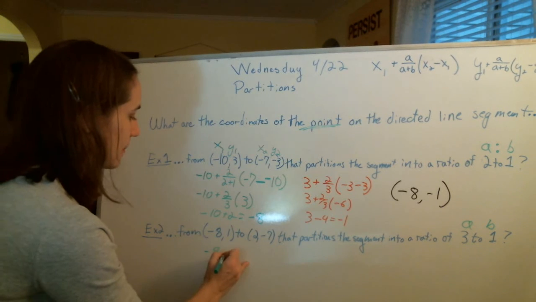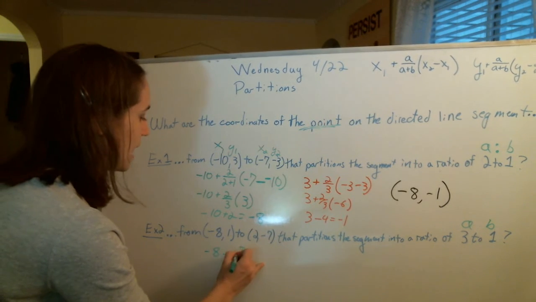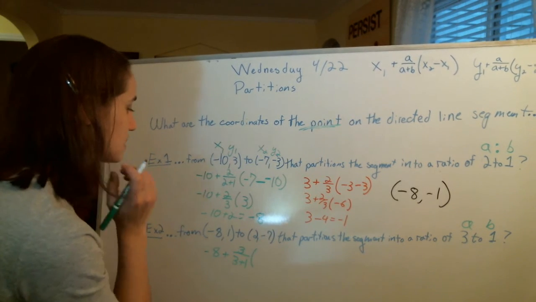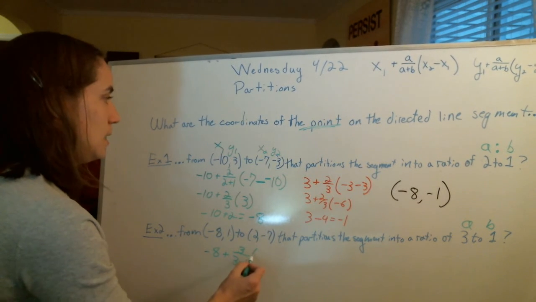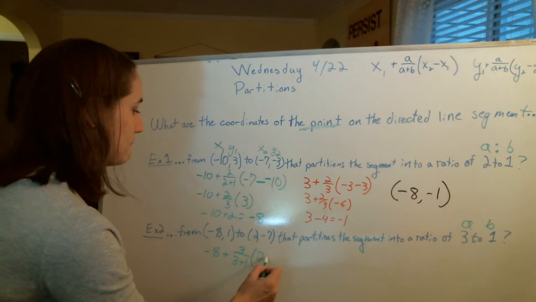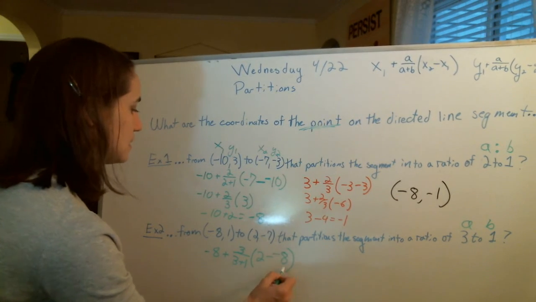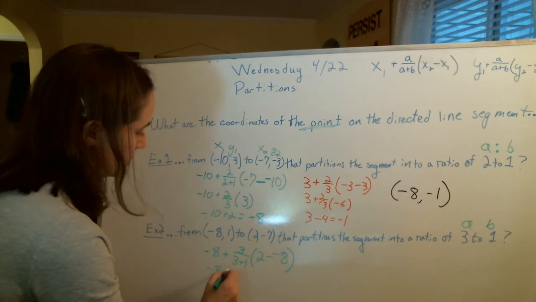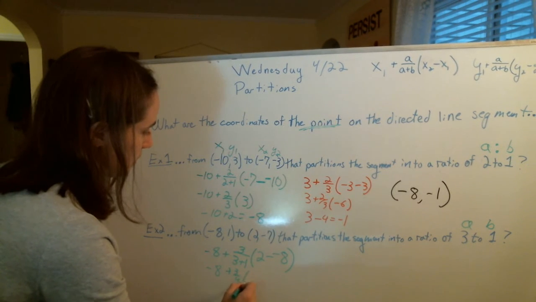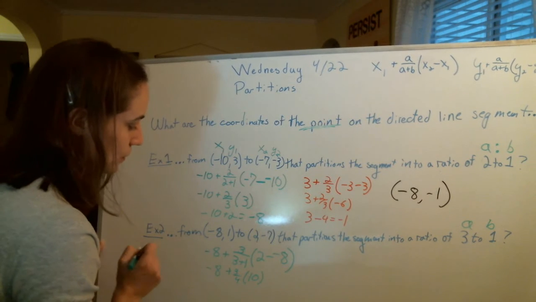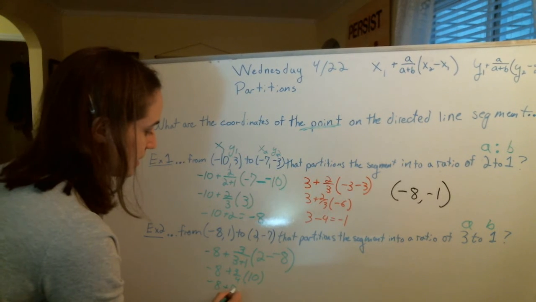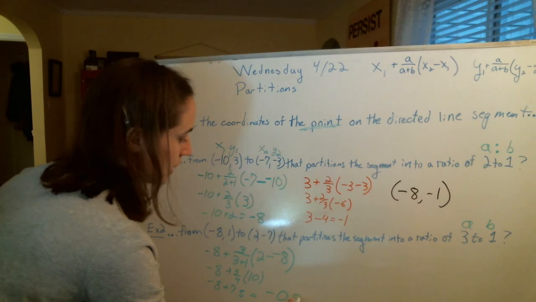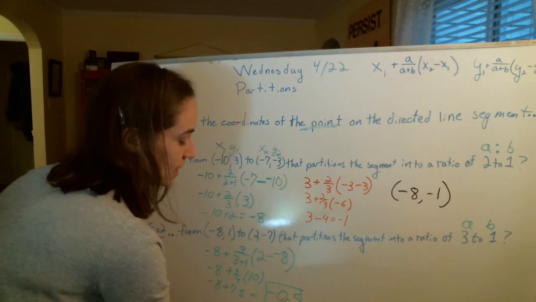Okay, negative 8 plus a over a plus b times x2, 2 minus negative 8. All right, so that's going to be negative 8 plus 3/4 of 10. If you do that math, it's negative 8 plus 7.5, so I end up with negative 0.5. Okay, using 0 as a placeholder, it's decimal.